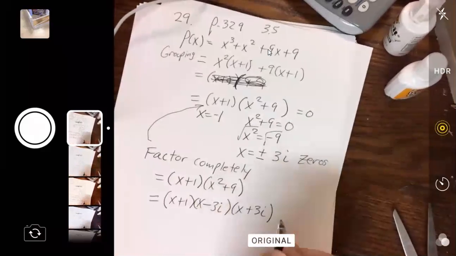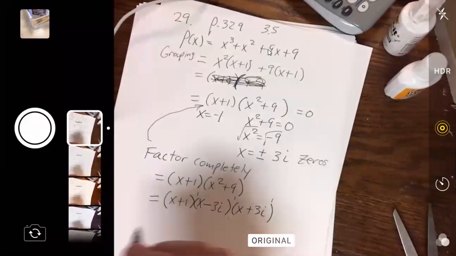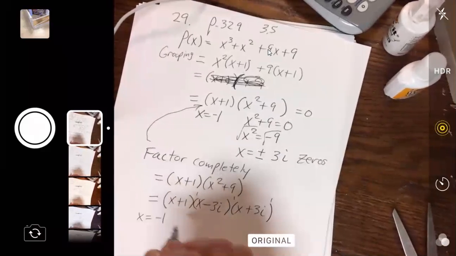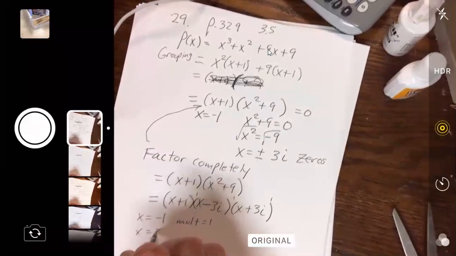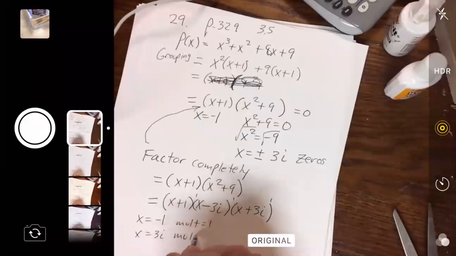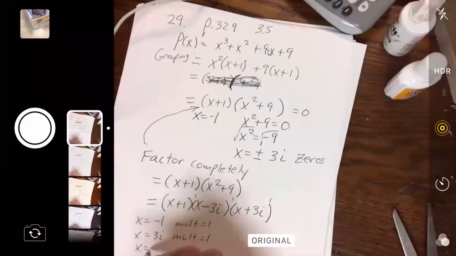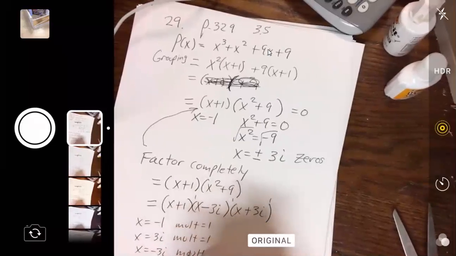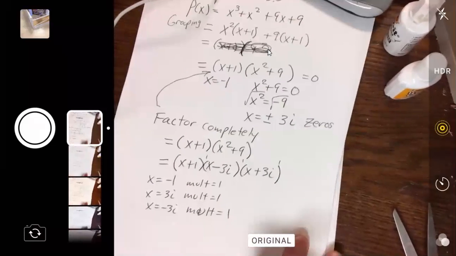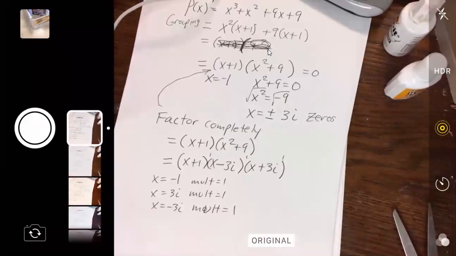And then you have 1, 1, 1, so x equals -1 has multiplicity of 1. x equals 3i has a multiplicity of 1, and x equals -3i, multiplicity of 1. Perfect. Okay, so all of these have been cooked to factor that way.